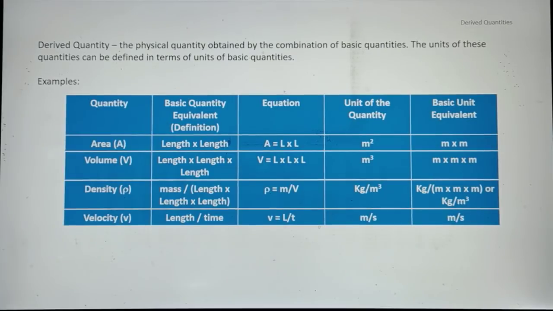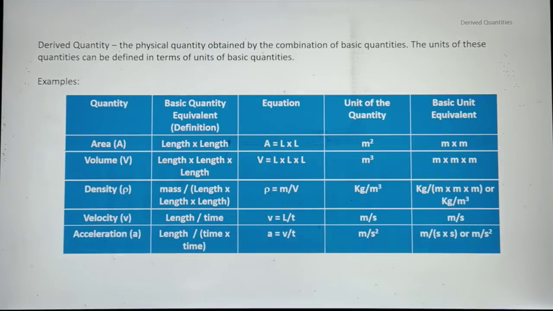Velocity is a derived quantity which is the ratio between a length and a time. The formula is v equals L over t, and the unit is meter per second. The acceleration is also a derived quantity with basic quantity equivalent of length divided by time divided by time.